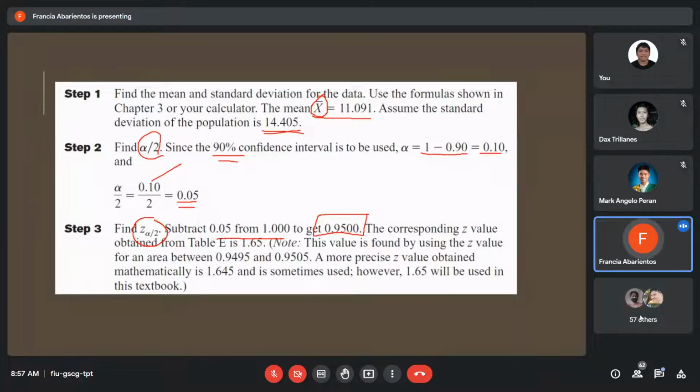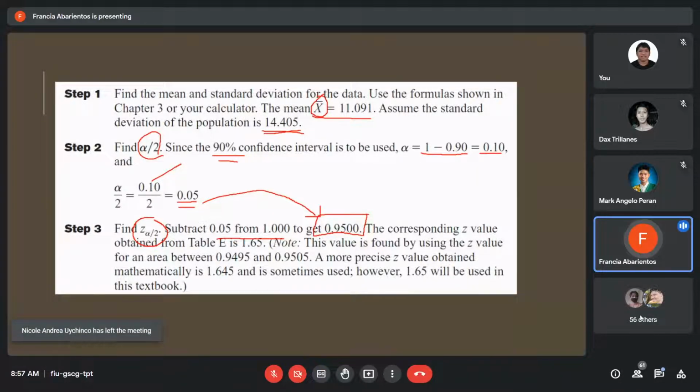Ito yung gagamitin natin na 0.05, yung dinivide na sa 2, ma-minus natin sa 1, this is now 0.9500.